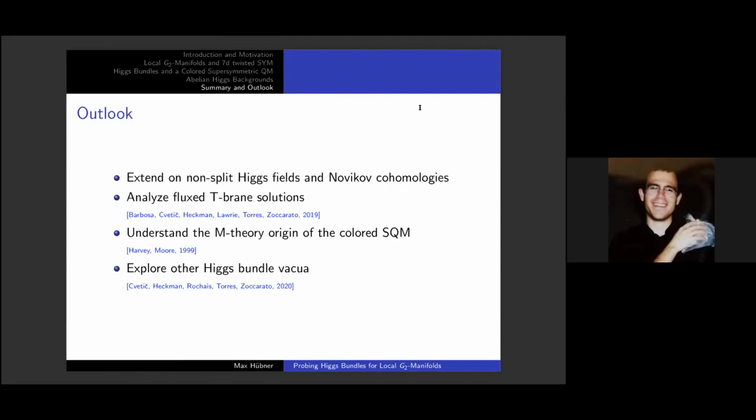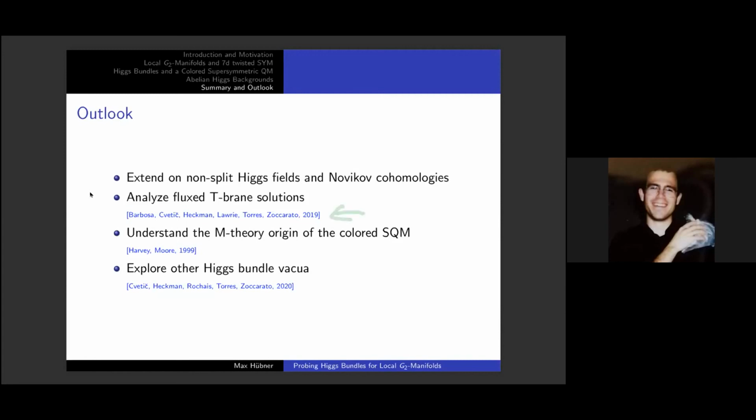So these are two places where advancement is possible. Then the colored quantum mechanics can be used to not only probe abelian configurations, but any solutions to the BPS equations of the 7-dimensional system. In particular, it would be interesting to see what it has to say about fluxed T-brane solutions, which were first analyzed in this paper here.